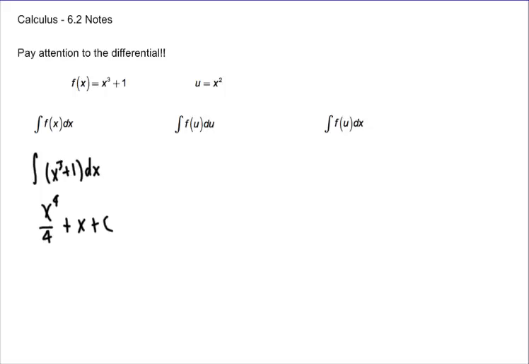All right. Well, what about the next guy? We're looking at f of u du. So the integral for this guy is just replacing the u in the function.